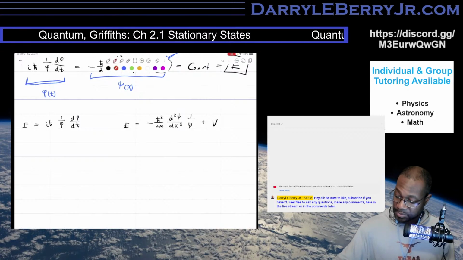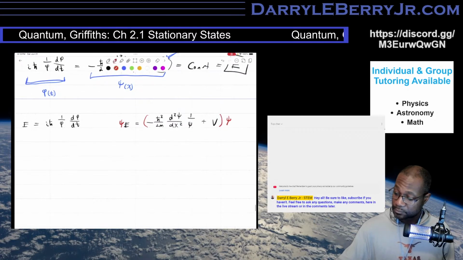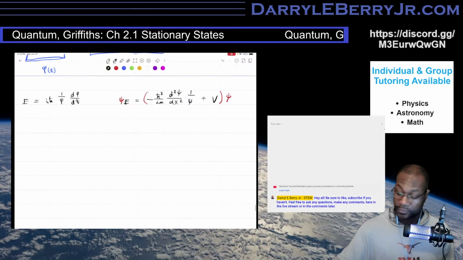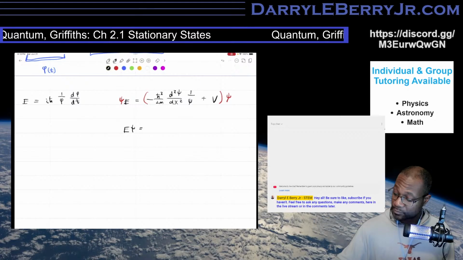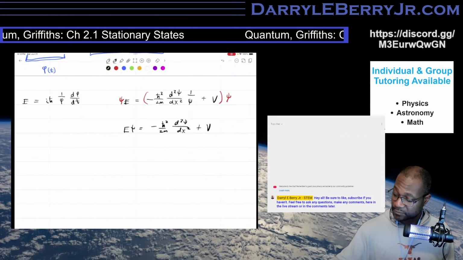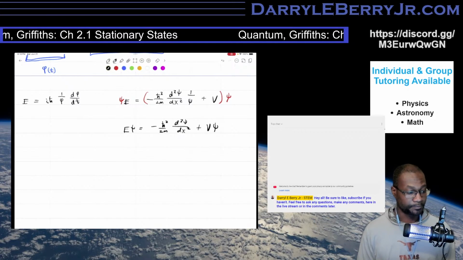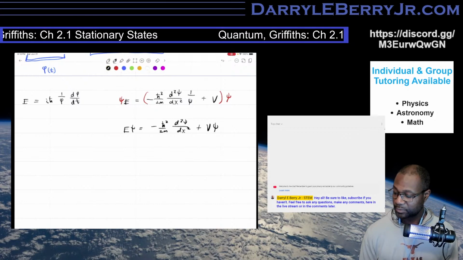What I'll do is multiply both sides by psi, and we have E psi equals negative h bar squared over 2m d squared psi over dx squared plus V psi. So now we have two partial differential equations that we can solve.